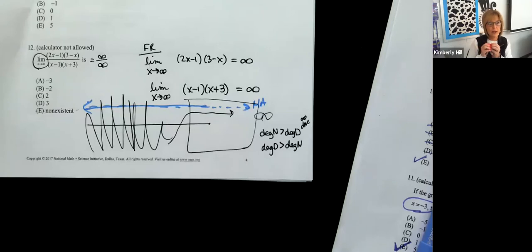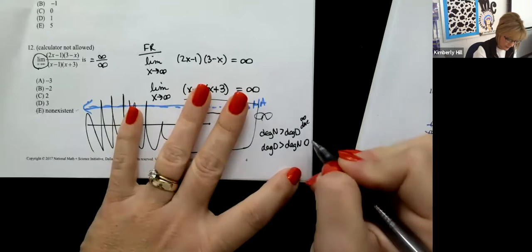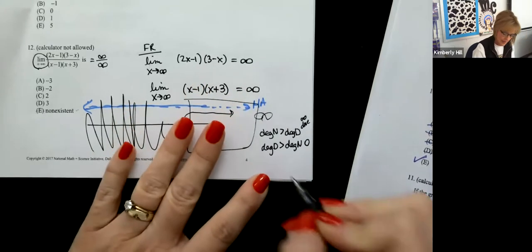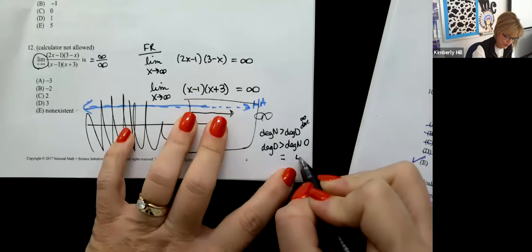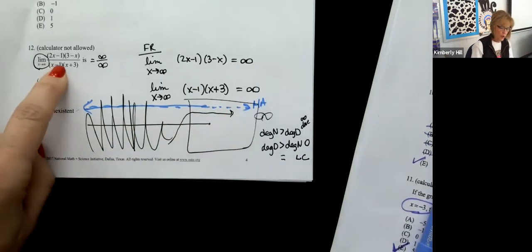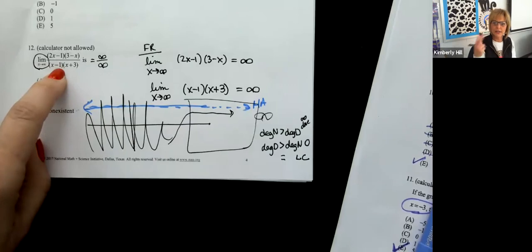So if you think about if you had 1/2, 1/10, 1/100th, 1/1,000,000th, that fraction as a whole is going to 0. And then if they're equal, you use your leading coefficients. So I'm going to go back here, and to save time, I'm going to think, what would my degrees be?